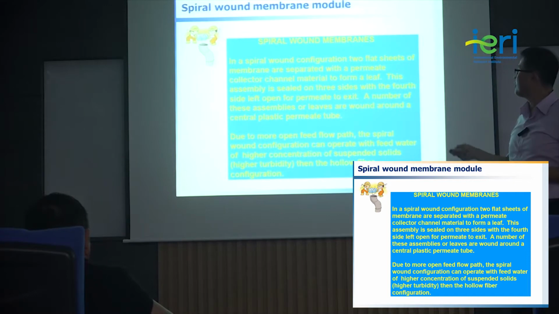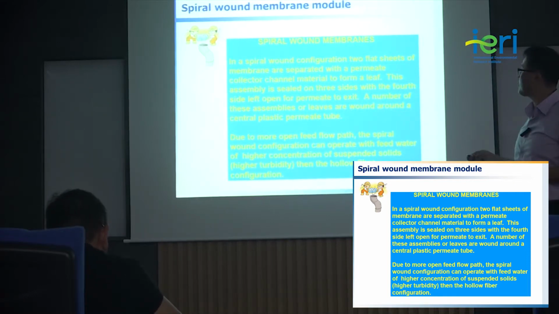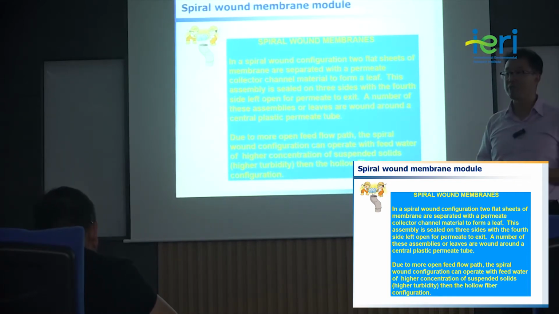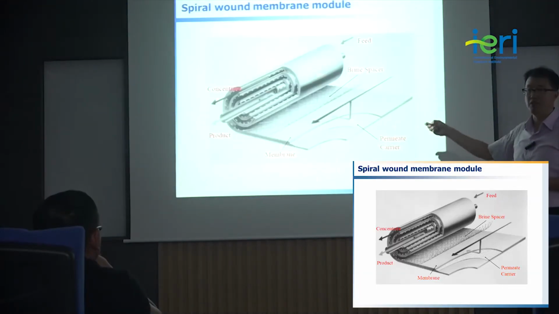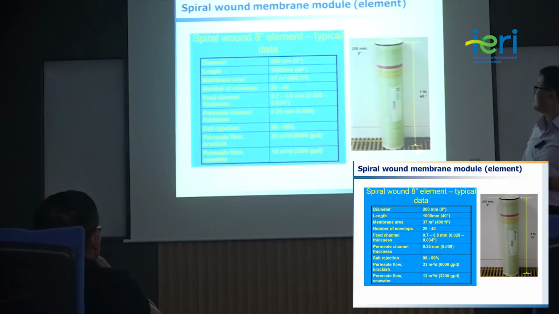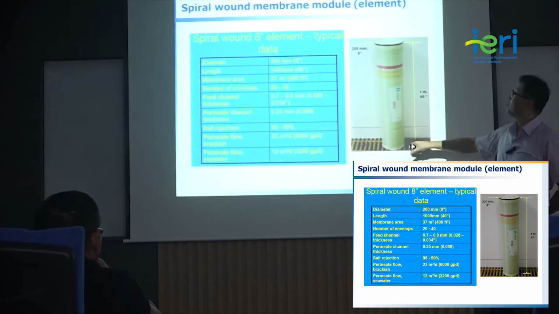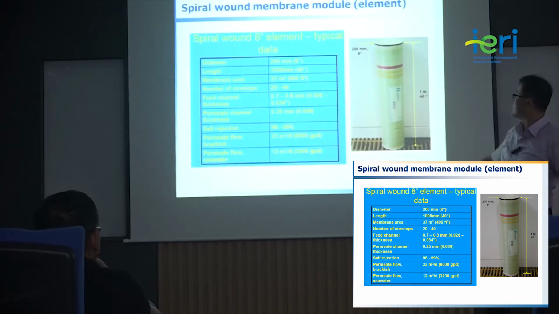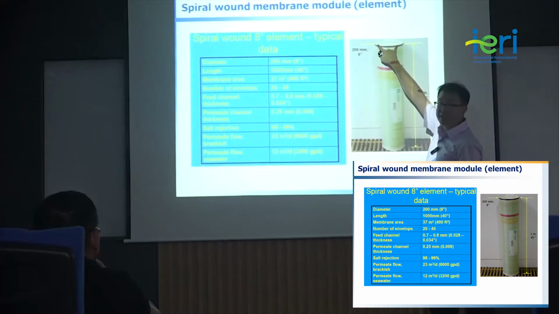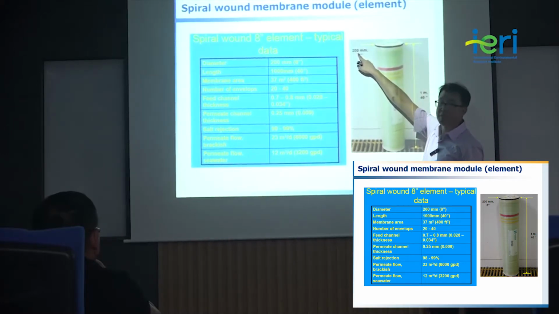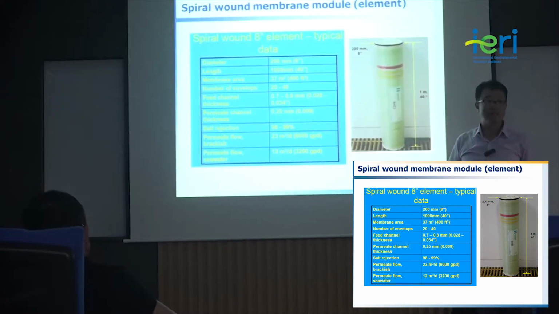You may think that more than 90% of the market share is covered by spiral wound membrane. The spiral wound membrane looks like this. This is the usual type of spiral wound membrane element, or you can say membrane module. It is 1 meter in length, 8 inches, or 200 millimeters, in diameter.